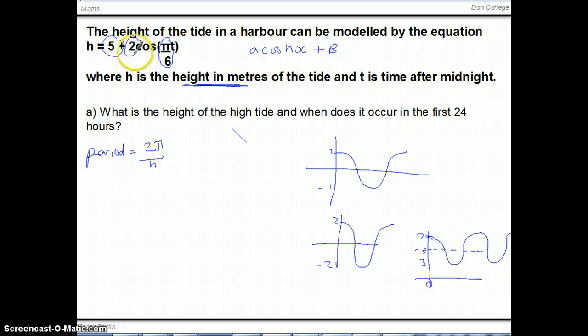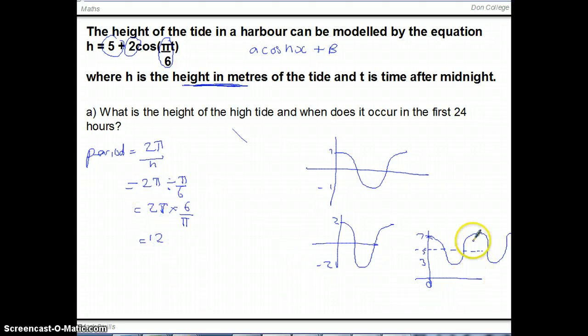So in this case a is 2, n is pi on 6 and b is positive 5 here. So the period is 2 pi over n, which is 2 pi divided by pi on 6, which if we write it in terms of multiplication is going to be 2 pi times 6 over pi, and as you can see this is going to cancel nicely, leaving us with 12. So the period is 12 hours.